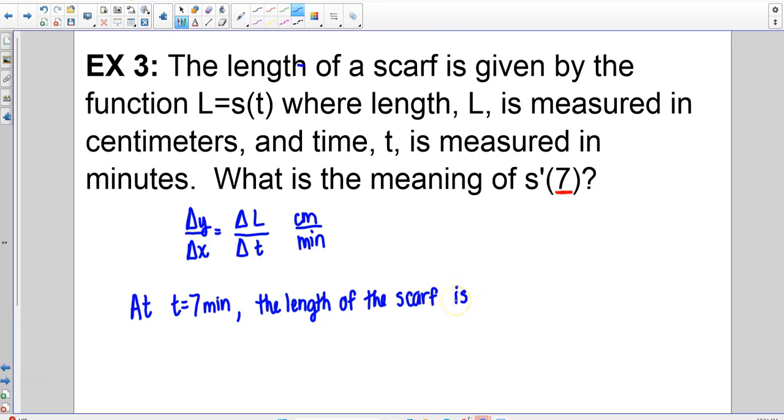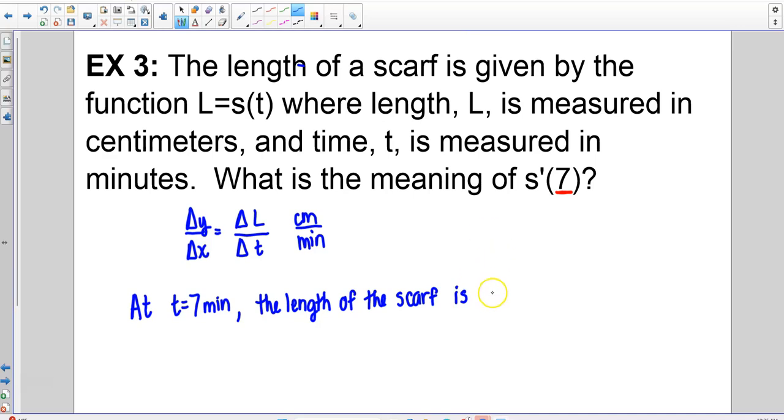is, now, in this particular case, we don't know what S prime of 7 is. We don't know if it's positive. We don't know if it's negative. We don't know if it's a big number. We don't know if it's a small number. So instead of saying increasing or decreasing, I'm going to just say changing. If I knew if it was positive or negative, I could say increasing or decreasing. But I don't know what it is. Maybe the person's messed up and they're pulling it out, right? So it could be decreasing.